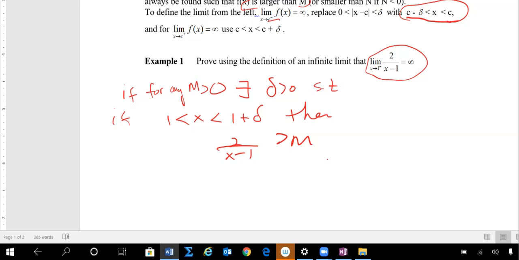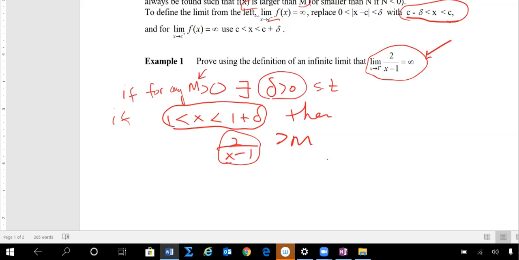So what it's saying is that we should be able to find a delta greater than 0, such that if x is in this interval, then f of x will be greater than m, no matter what value of m is placed in here.